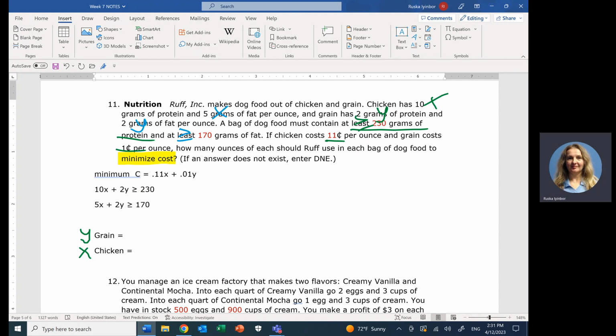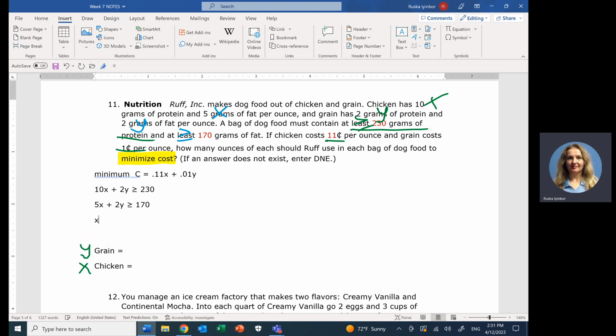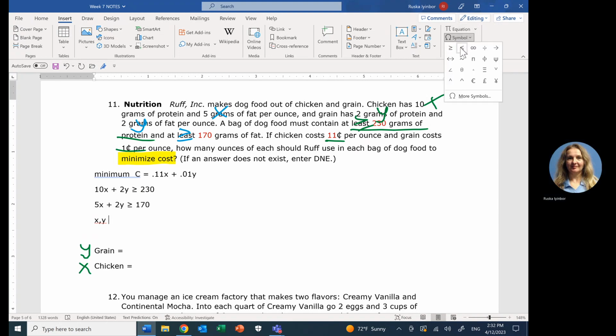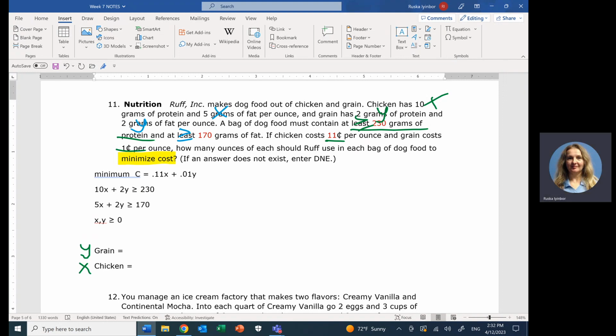And again, x and y are greater or equal 0 because it's a word problem. X and y are the ounces for the grain and for the chicken, and this always has to be greater or equal 0.